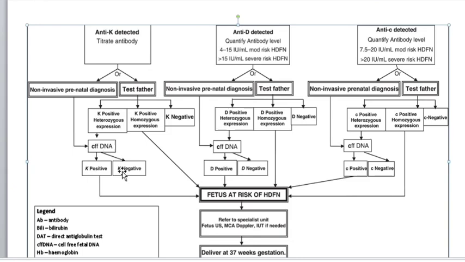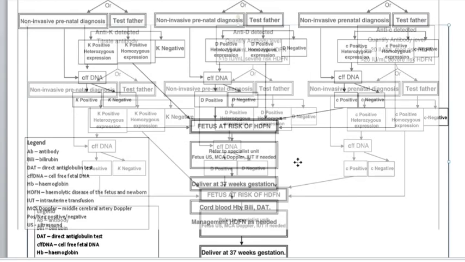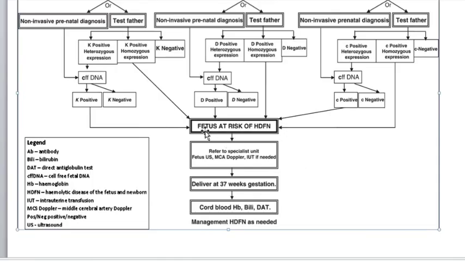If K negative, nothing to do. If the fetus is K positive, again the fetus is at risk. Then refer to a special unit, the fetal medicine unit, deliver at 37 weeks, check the baby's cord blood hemoglobin and bilirubin, and manage HDFN as needed.